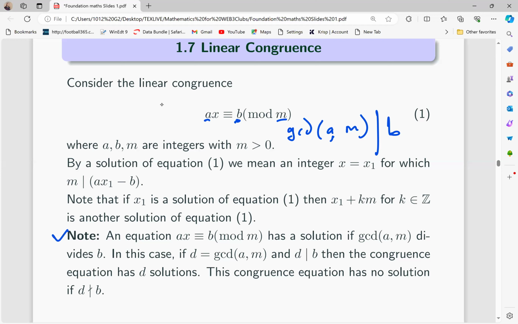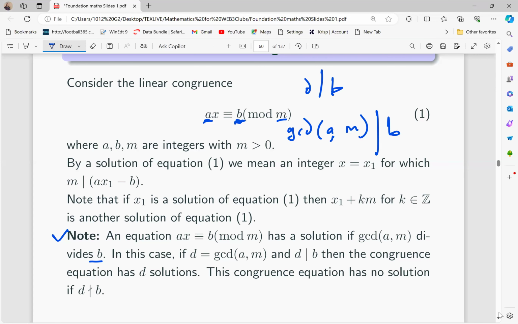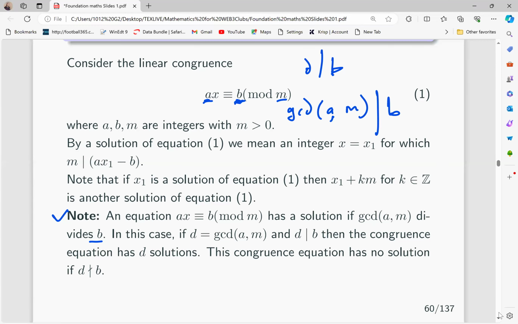Note, this equation has a solution if the GCD of A and M divides this B. Supposing the GCD is D, you're saying that D should divide B. If that GCD divides B, then we say this system has a solution, and the number of solutions will be equal to that GCD. If the GCD cannot divide B, we say it has no solution.